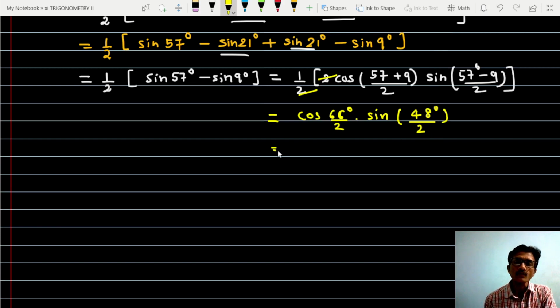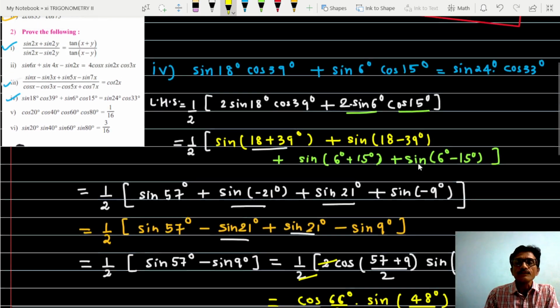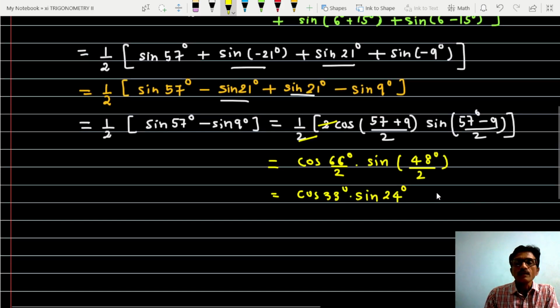This is equal to, reduce this, cos of 33 degree into sine of 24 degree. So this is required in the right hand side, sine 24 into cos of 33 degree.